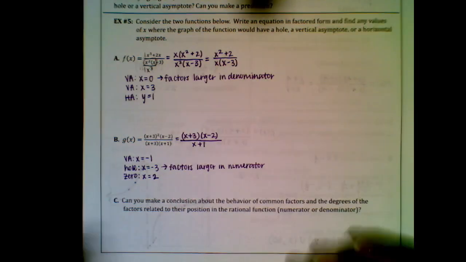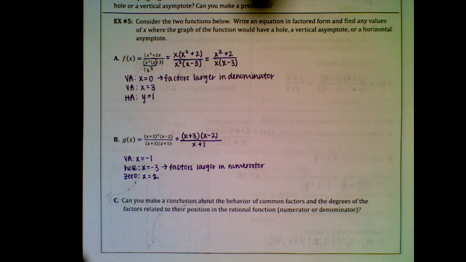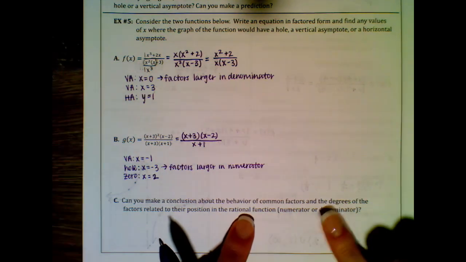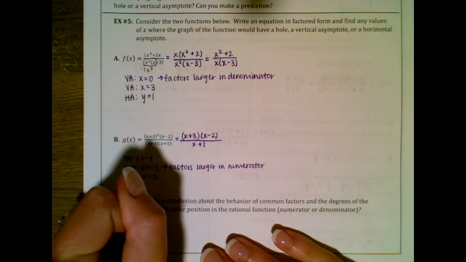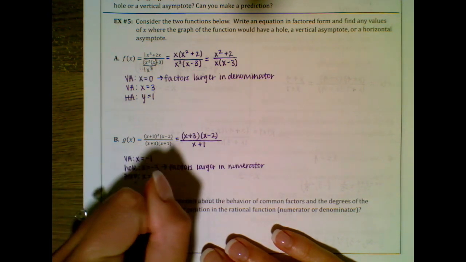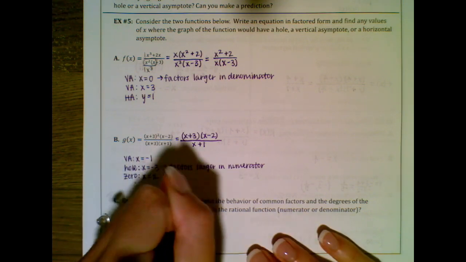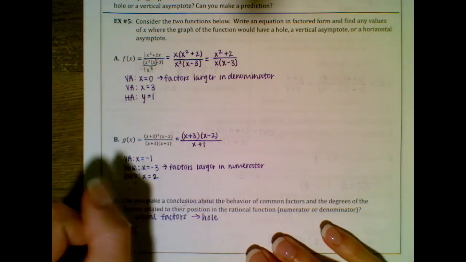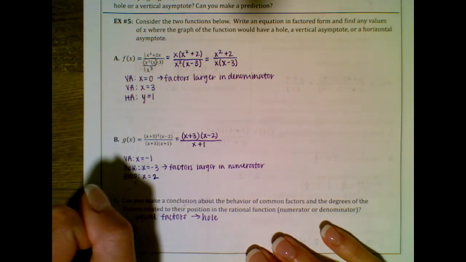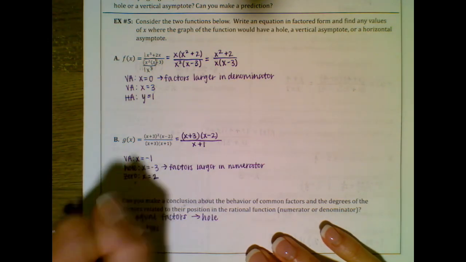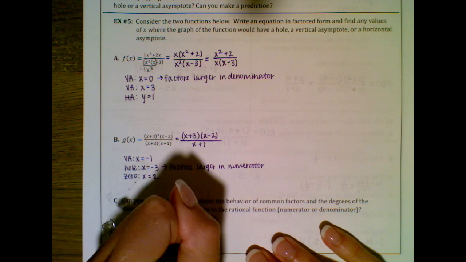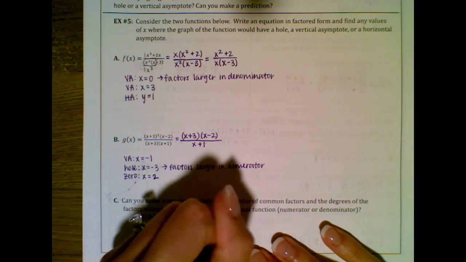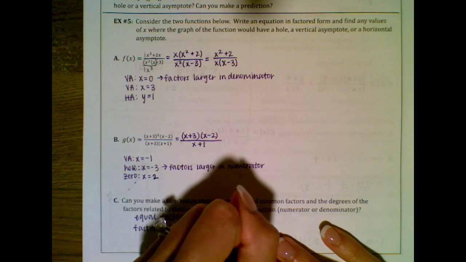All right, so can you make a conclusion about the behavior of common factors and the degrees of the factors related to their position in the rational functions compared to the numerator and denominator? So if I have equal factors, then I have a hole. If the factors are larger in the numerator, I have a hole still.